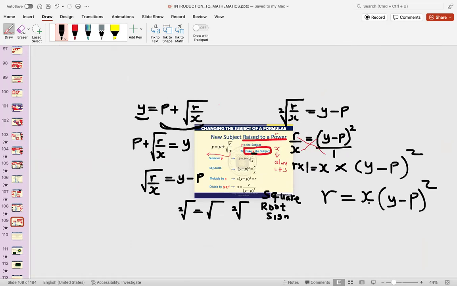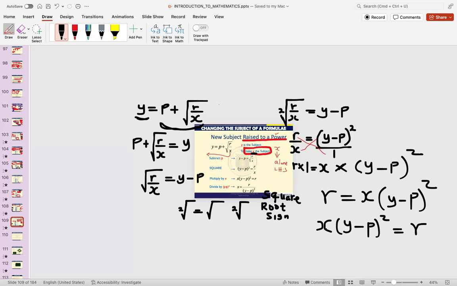If we want to make x the subject, it has to be on the left-hand side. So we do the swap. All this will move to the left. So we have x into y minus p all squared, and then r goes to the other side like this.